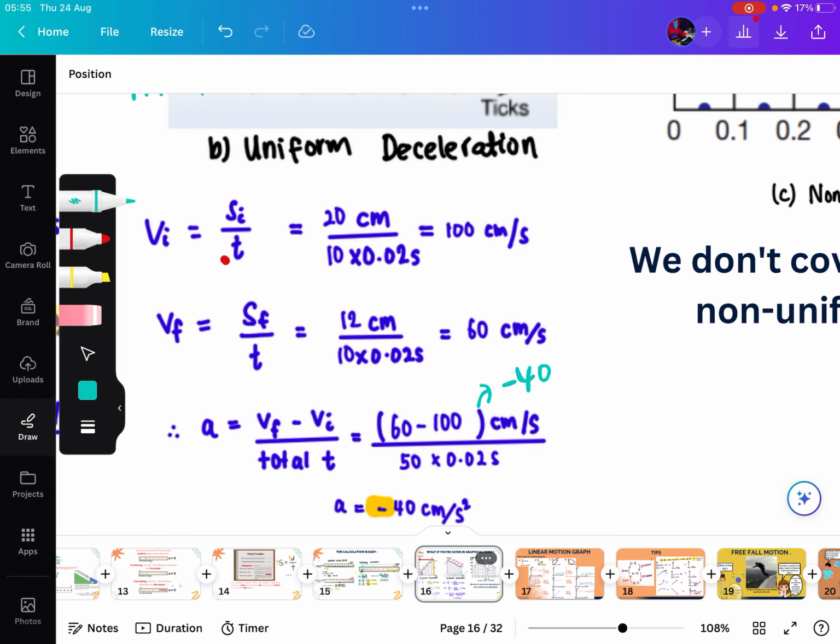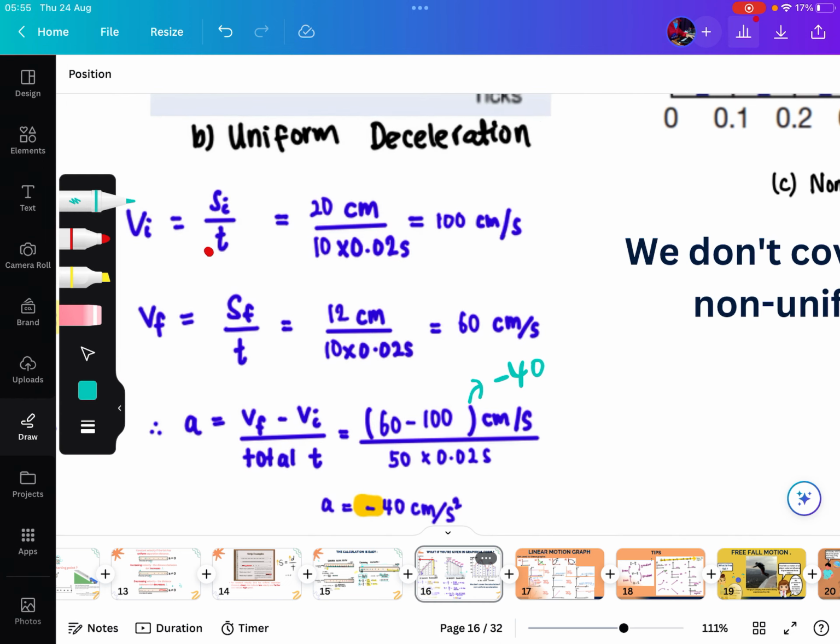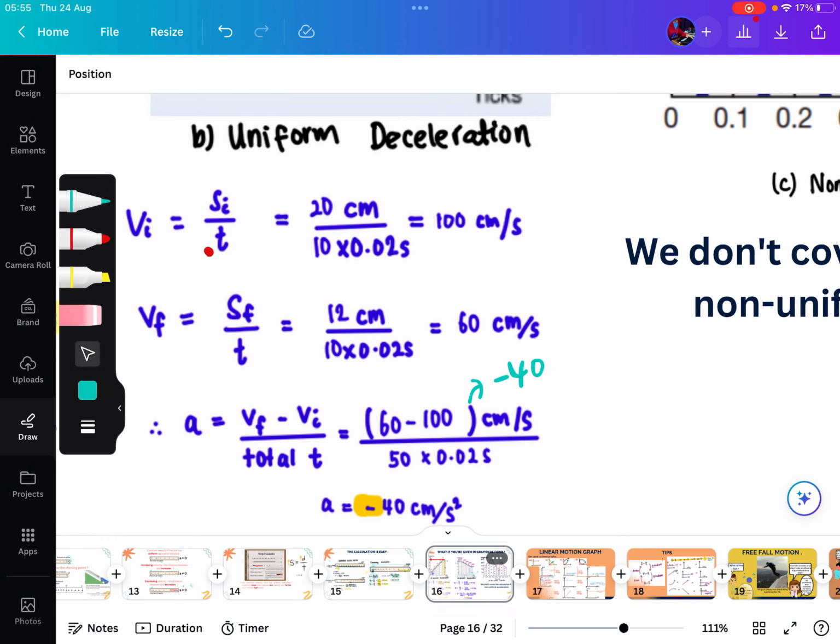So why minus? The minus sign for acceleration usually means deceleration, and in this case it is deceleration.